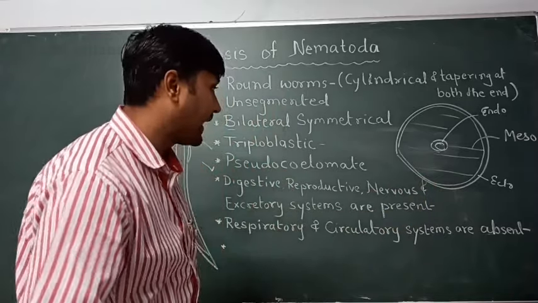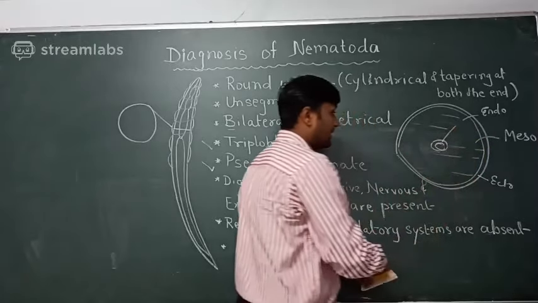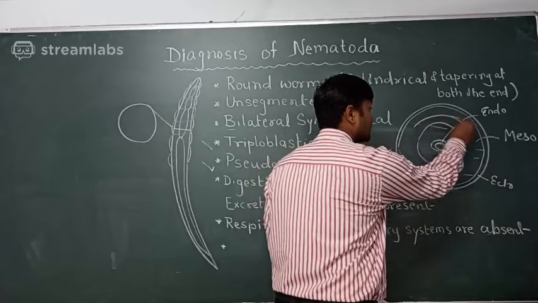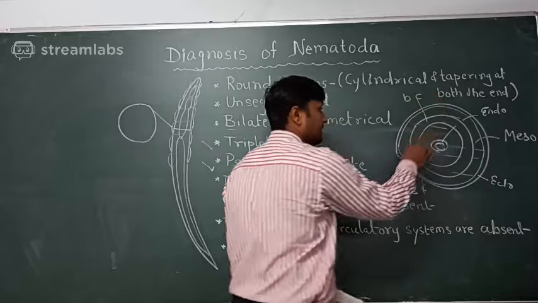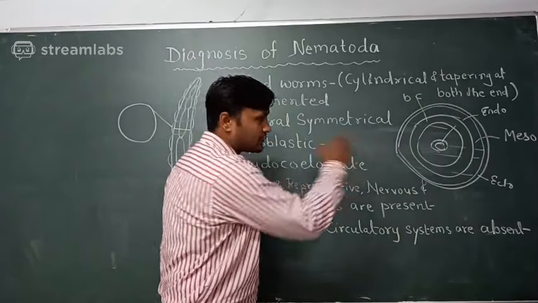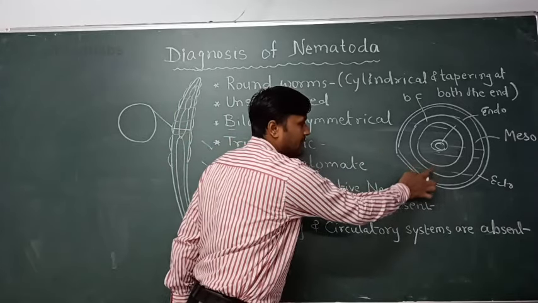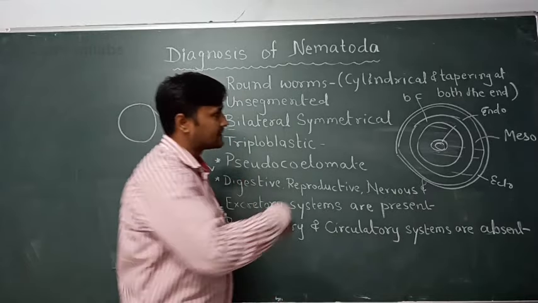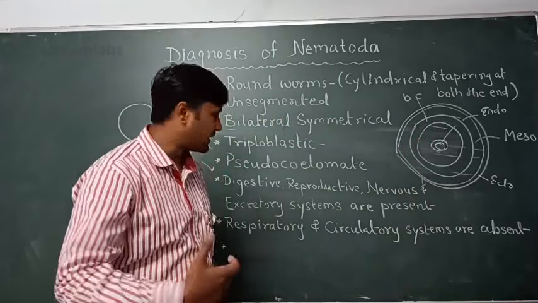If the body cavity lies within the mesoderm, this is the body cavity. This situation is called coelomate, a true coelom. In the true coelom situation, the body cavity lies within the mesoderm, meaning the mesodermal epithelium cells are present on both sides of the cavity.